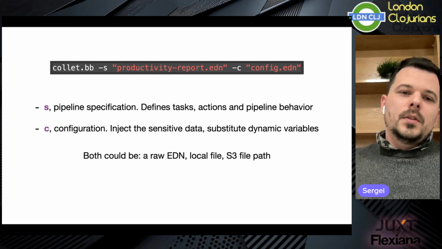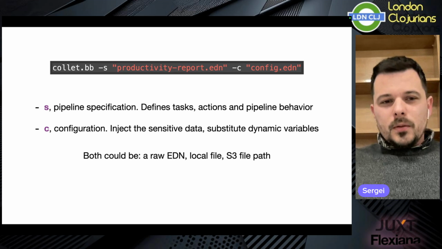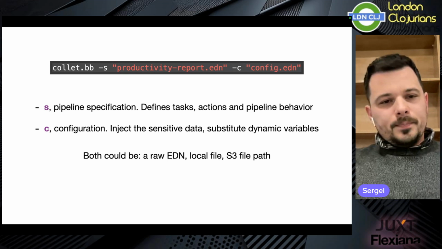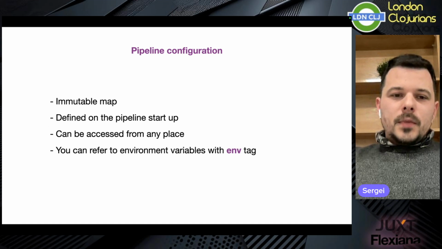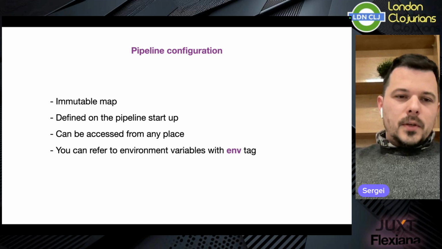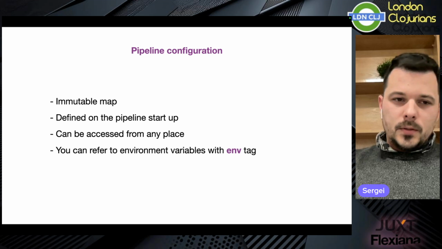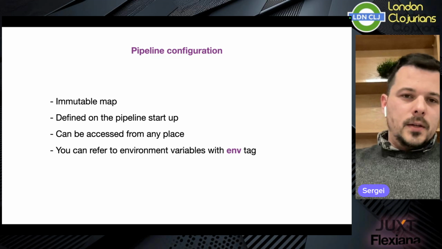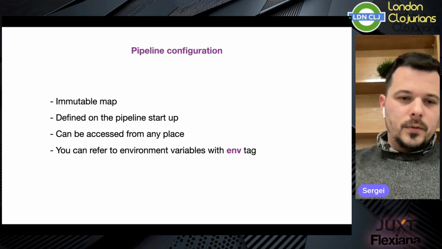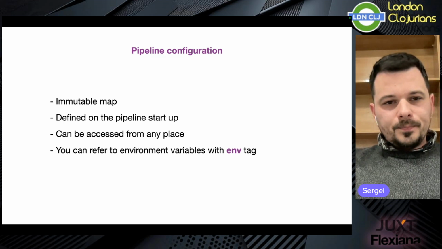You can just put a raw Clojure map with values instead of this file, and everything will work in the same way. And the pipeline configuration, as I showed, is a simple map. It's an immutable map. It will be compiled on startup. All environment values will be substituted in the right place, and it will never be changed. But you can reference any values from the configuration in every task, in every action where required for your pipeline.